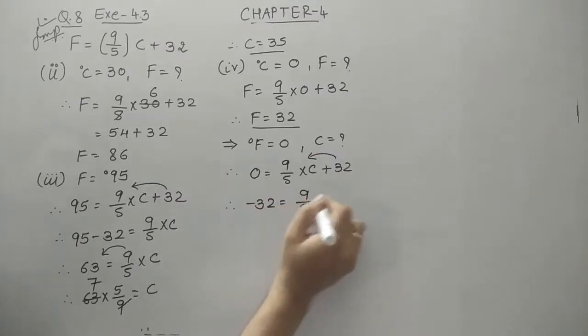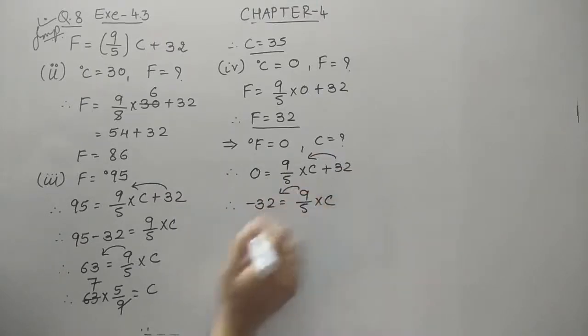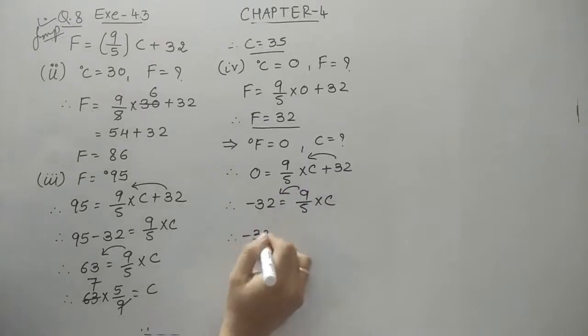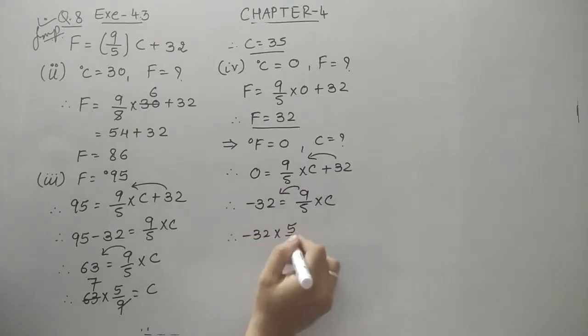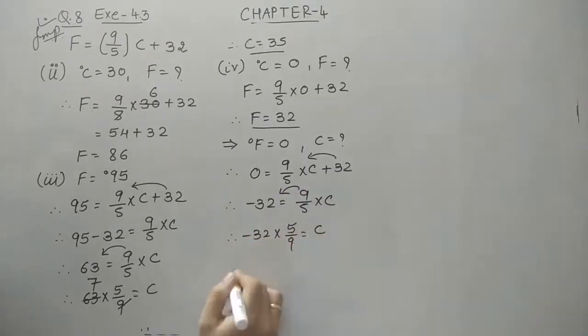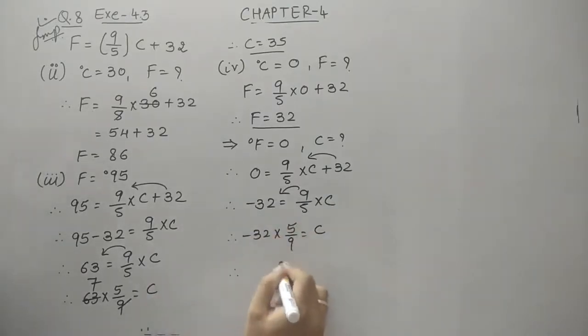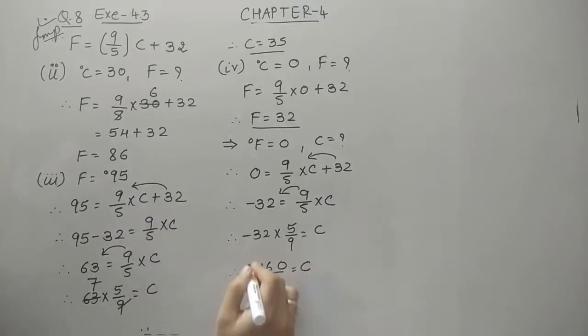Minus 32 is 9 upon 5 into C. Now we'll take this value to the left hand side. Again, as we have discussed earlier, 5 comes in the numerator and 9 in the denominator. So no cancellation is there, we'll simply do the multiplication. So minus 160 upon 9 is the Celsius. This is the value of Celsius we obtained.